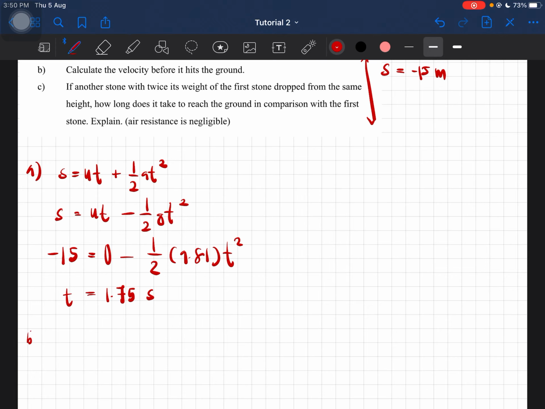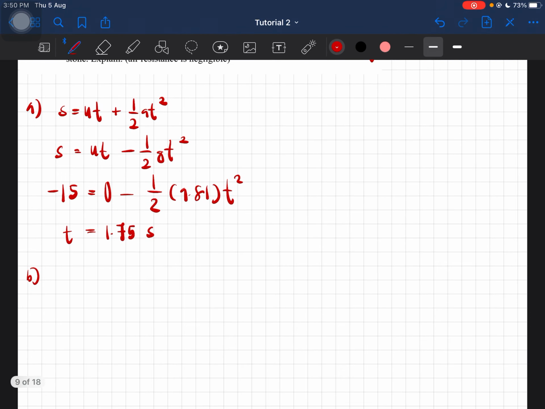Now we have to calculate the velocity before it hits the ground. So the velocity before it hits the ground, we can use this formula, v squared = u squared - 2gs. Again, I directly convert the acceleration into negative g. So from here, just substitute the values, negative 2, 9.81, negative 15.